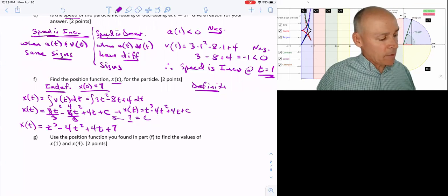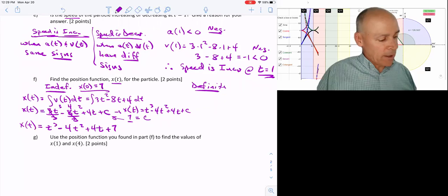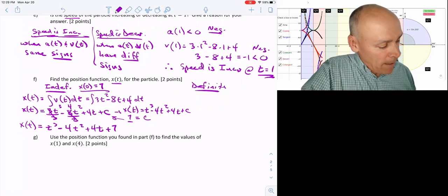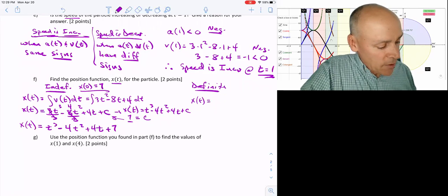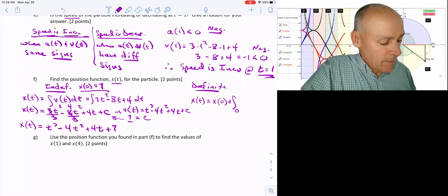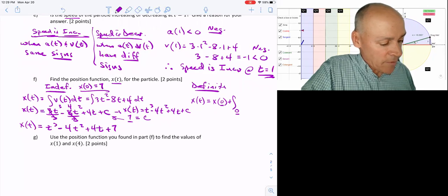Okay, now as a definite integral, I'm just going to set it up and then let you run with it. I could set it up and say that x of t is equal to x at 0 plus the definite integral. Now my lower bound has to match that t value, so I'm going to set my lower bound of 0.